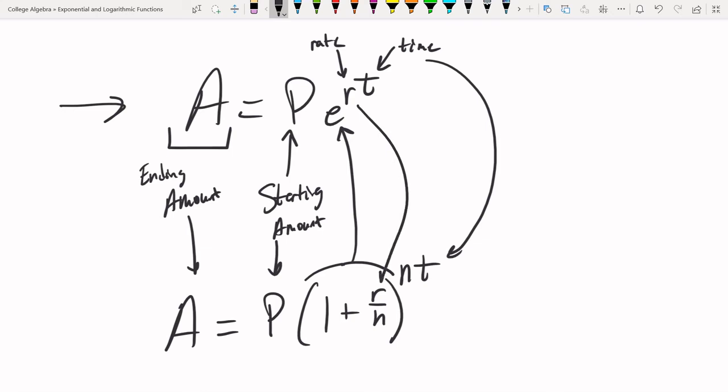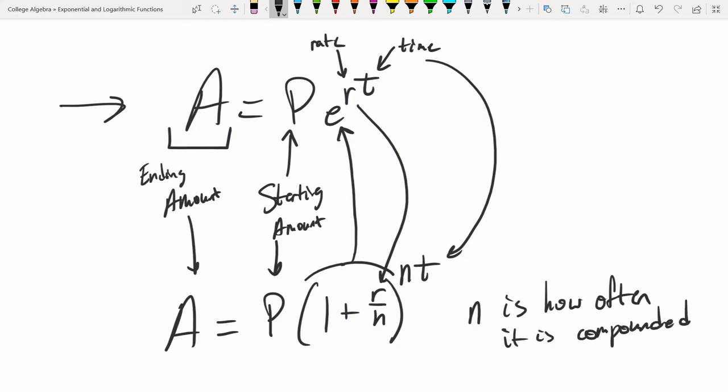That's the same thing as this r here. n is how often the thing you're talking about is compounded. Most likely money is what you're talking about. And really, compounding is just saying how often you add the interest back onto the actual amount.